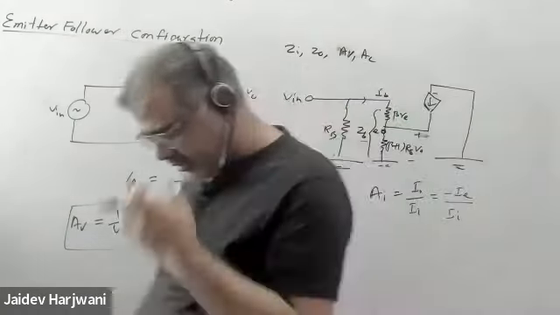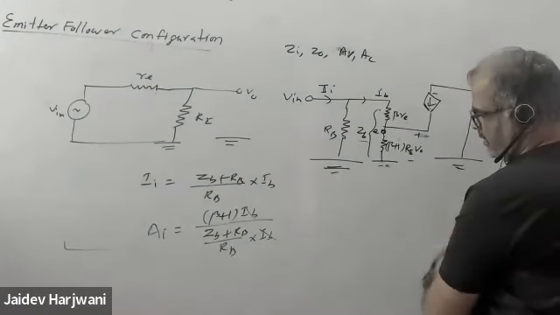So from current division, I'm applying current division, I can write my I input is (ZB plus RB) upon RB into IB. Now you can find the current gain. (Beta plus 1) IB upon (ZB plus RB) upon RB into IB, IB cancels.